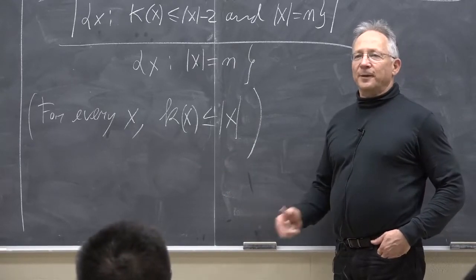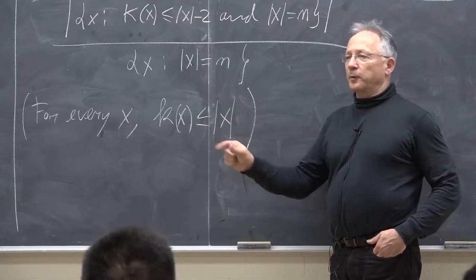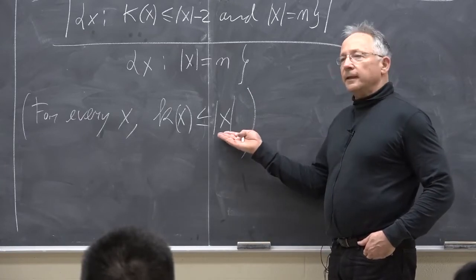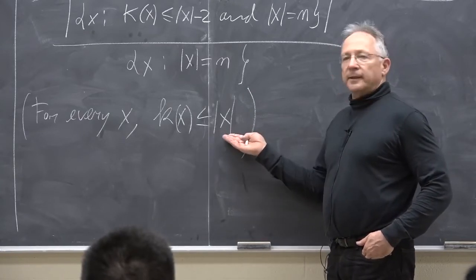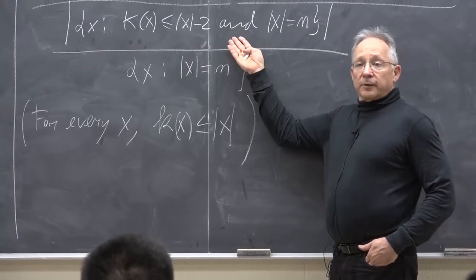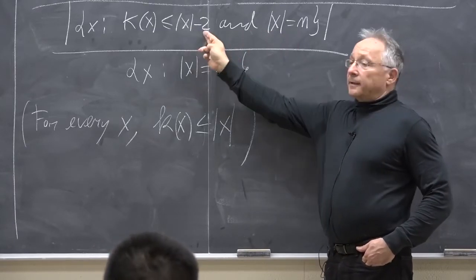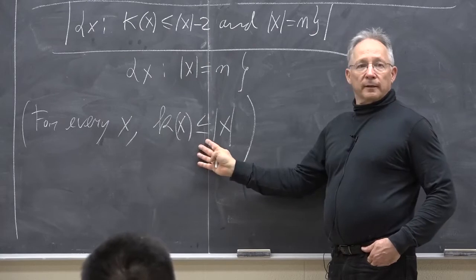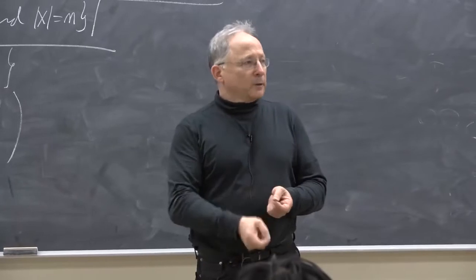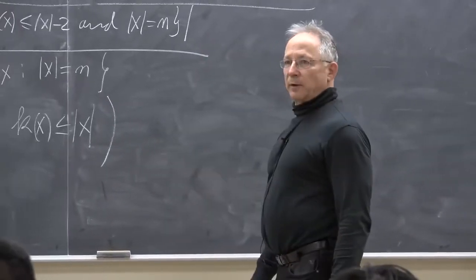So the length of the program will be the length of x plus the command print, so it will be some constant. So this is as complex as it gets. Now I'm asking how many strings are not so complex, with length less than the trivial description by just 2 bits. I can describe them a little bit more compactly than telling you bit by bit what the string is. And what I'm saying is that this number is going to be small.